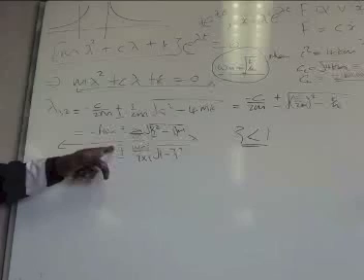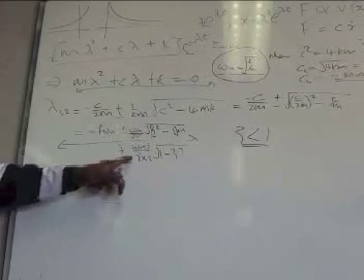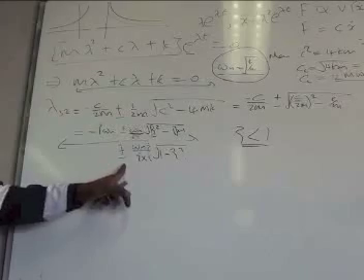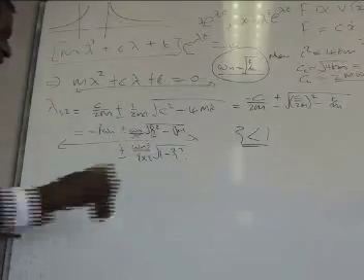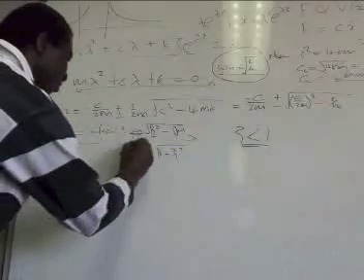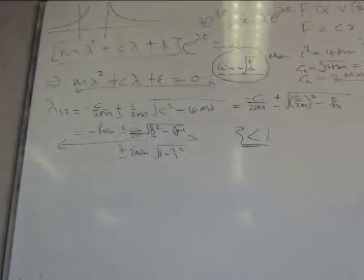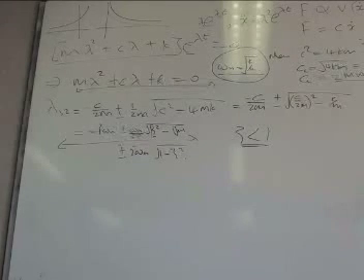So minus 1 multiplied by plus becomes minus. Minus 1 times minus becomes plus. So this thing remains plus or minus, but it becomes plus or minus what? Are we together?